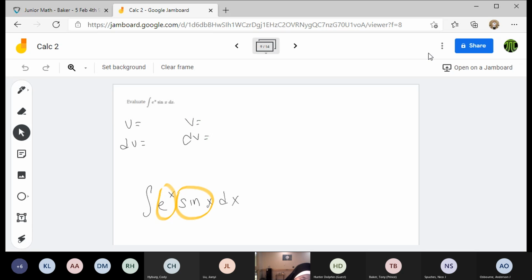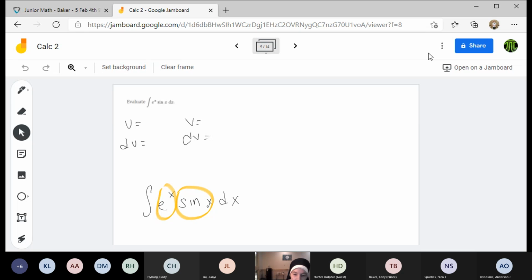All right, so what do you think we're going to use for this one? What's going to be the u? Would it be sine x? Yes, because remember, basically, the only time you never really want to make it the exponential. Anything other than the exponential, unless you have two exponential ones, and then we can do something else with it.